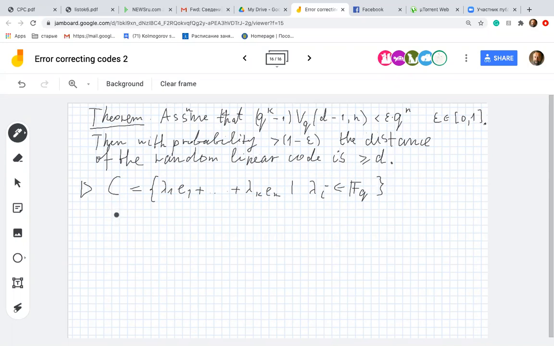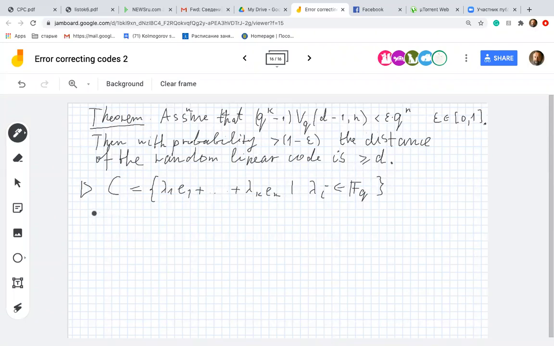We know that for linear codes, we can measure the distance between code words from the point zero.